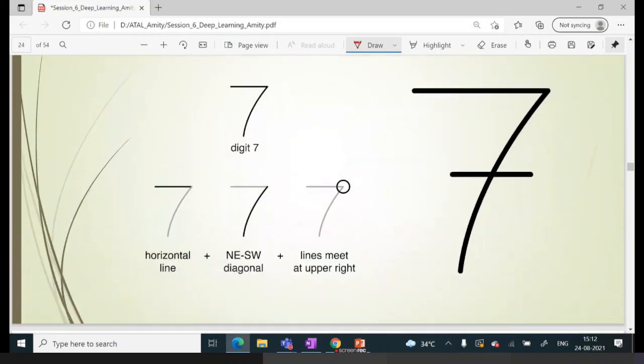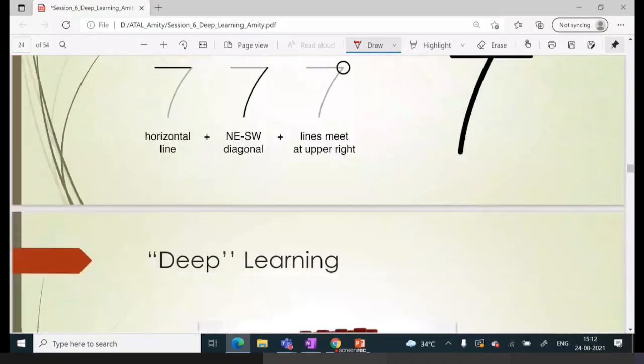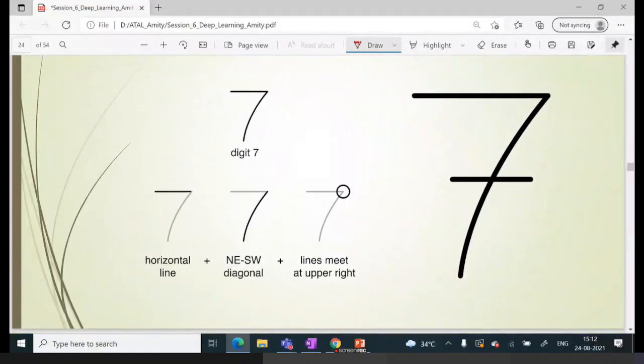Okay. So what happens if we don't use the concept of deep learning? In that particular case, your results will depend upon this kind of rules. You will identify whether a horizontal line is present or not, whether this diagonal line is present or not, and whether they are meeting or not.